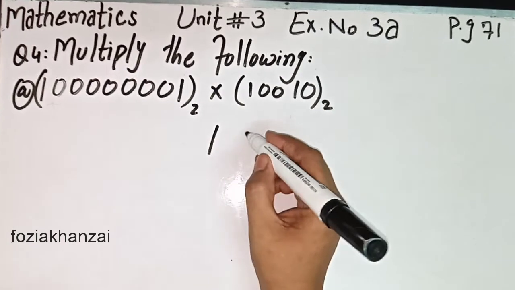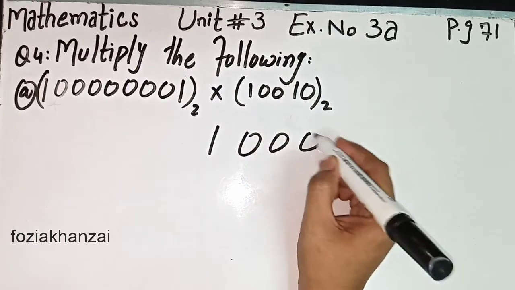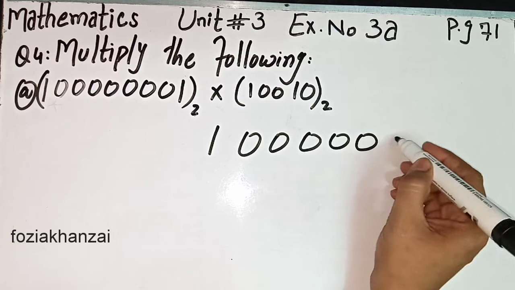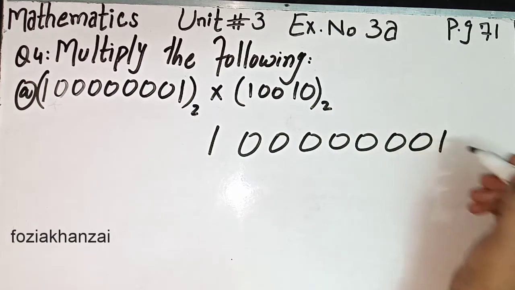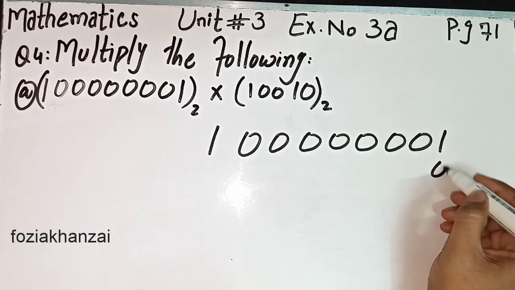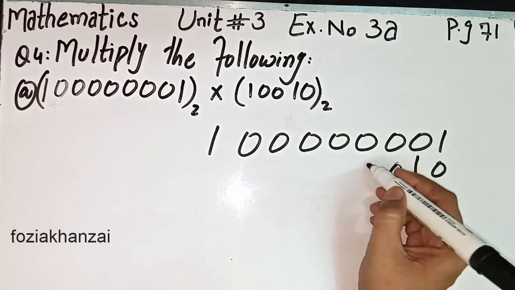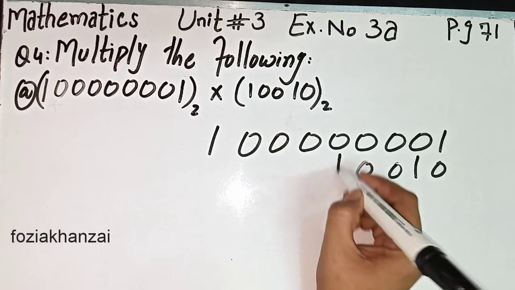Multiply 1, 0, 0, 0, 0, 0, 0 by 0, 1, 0, 0, 1.